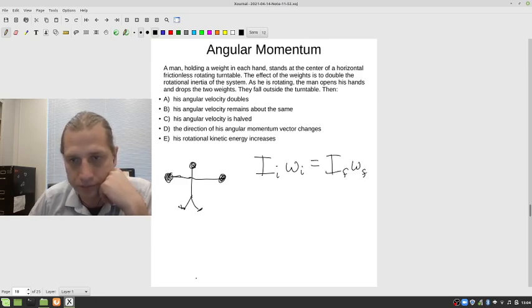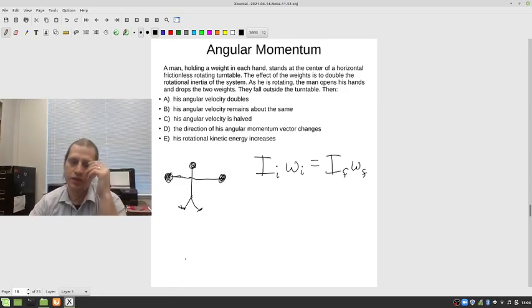Now, in this particular case, it's a little bit of a tricky one because it's about a man holding a weight in each hand stands at the center of a horizontal frictionless rotating turntable. The effect of the weights is to double the rotational inertia of the system. As he is rotating, the man opens his hands and drops the two weights. They fall outside the turntable.